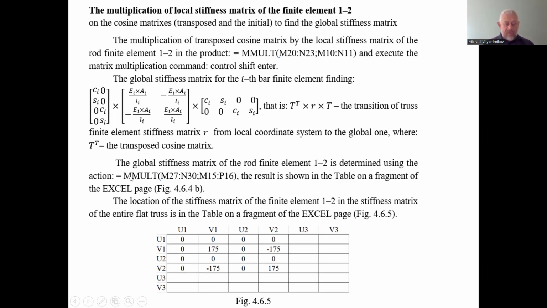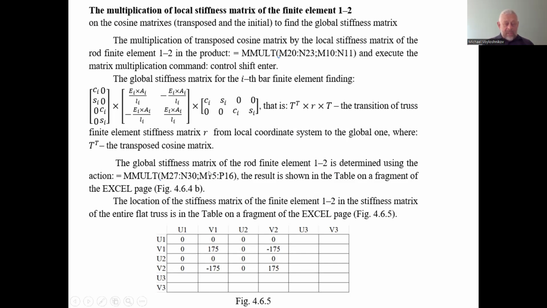The multiplication of matrices we do by the command MMULT available in Microsoft Excel, with brackets. So we have to select first the place in which we will insert the result of the matrices product.